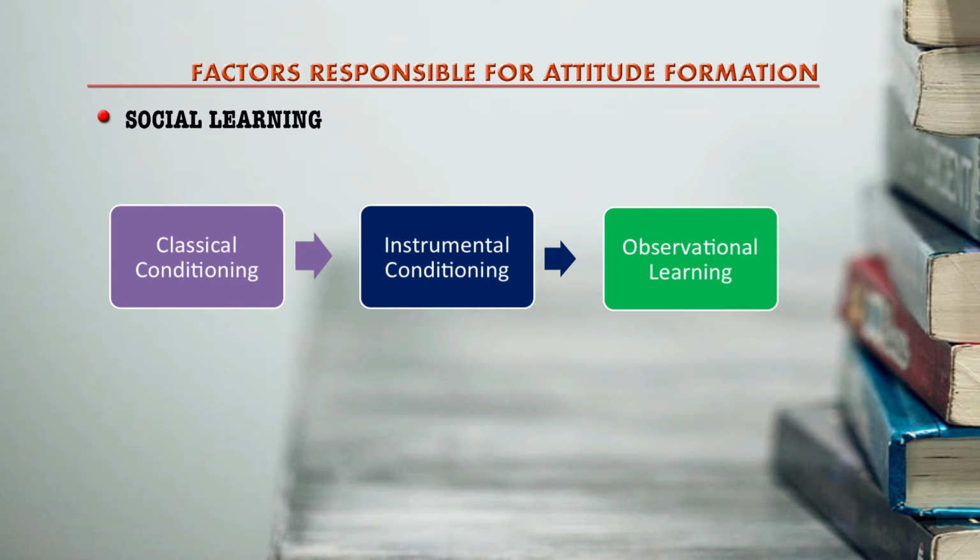Here in classical conditioning, we observe things, and accordingly we involve ourselves in a type of bonding. That means there is a relationship, a connection between a stimulus and response, and whenever we get a positive response, we develop a type of attitude, and when we get a negative response, we also develop a type of attitude that further we do not do this.